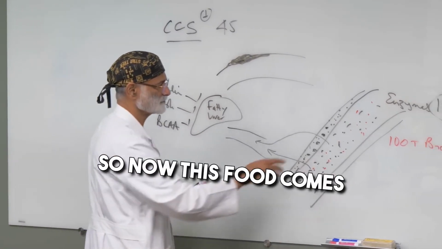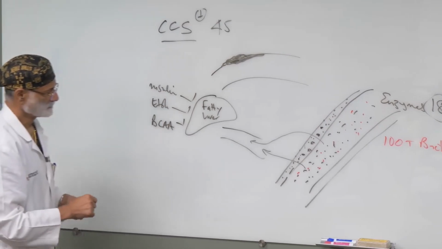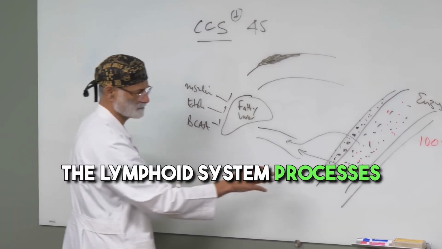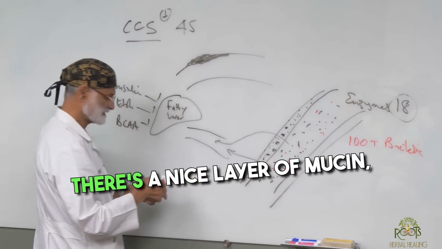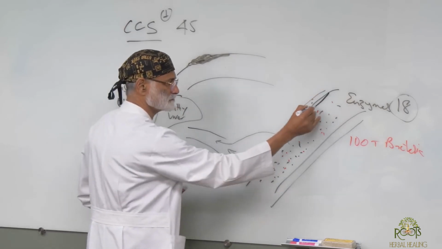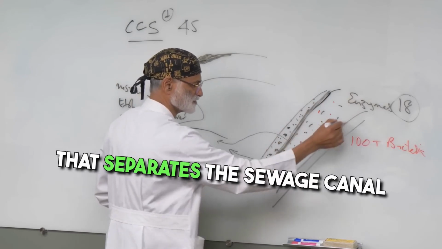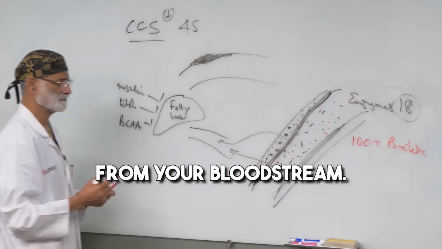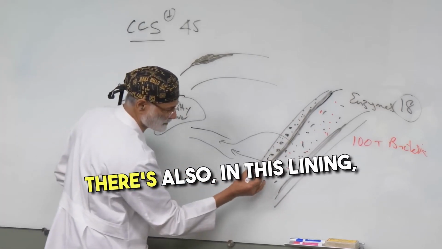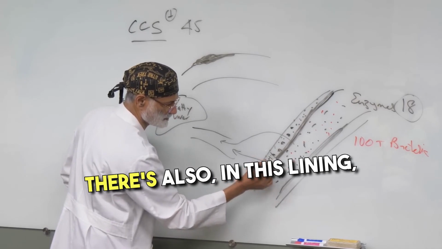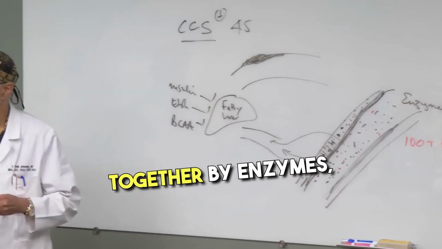So now this food comes along, the bacteria is in here, and the lymphoid system processes everything, keeps everything in check. There's a nice thick layer of mucin that separates the sewage canal from your bloodstream. There's also, in this lining, the cells are all joined together by enzymes.